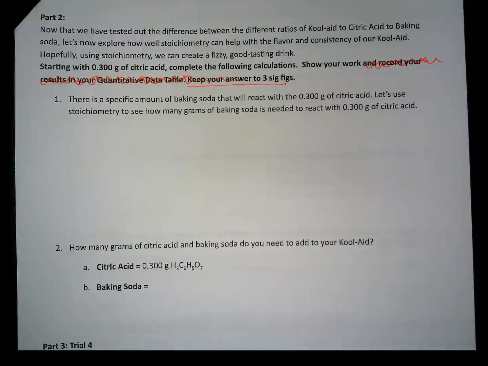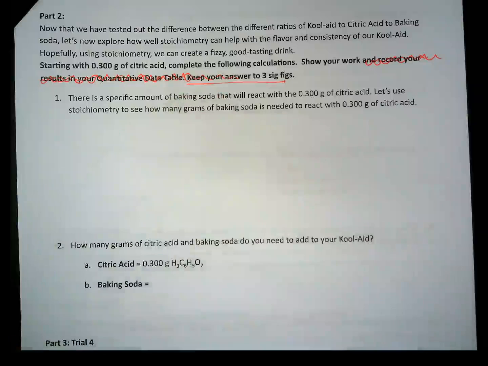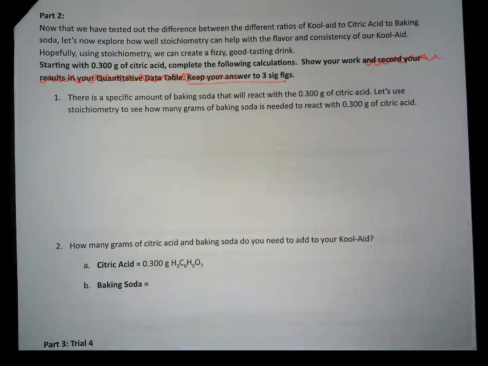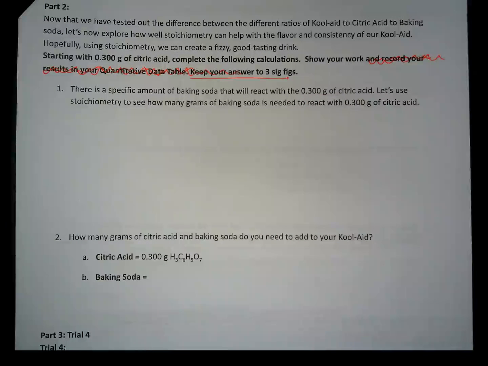So there's a specific amount of baking soda, reading here, that will react with 0.3 grams of citric acid. So let's use stoichiometry to see how many grams of baking soda are needed to react with 0.3 grams of citric acid. This is what you will do on your own. You and your partner are going to say, we're starting with 0.3 grams of citric acid.